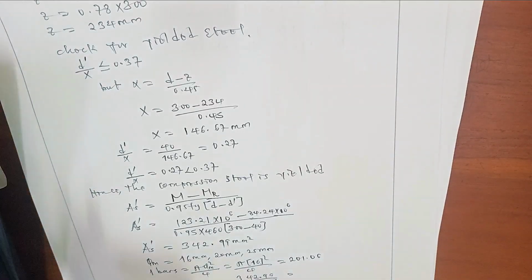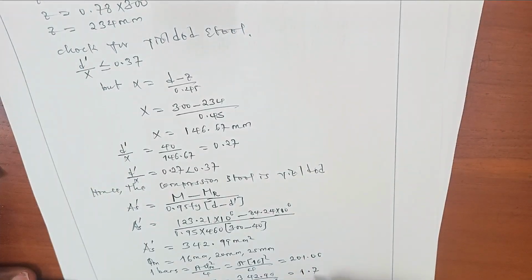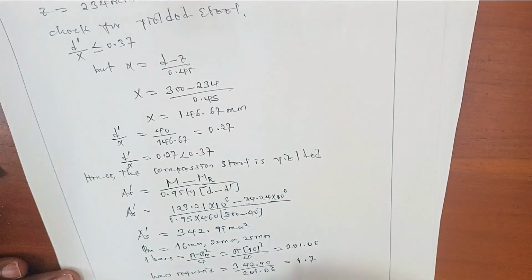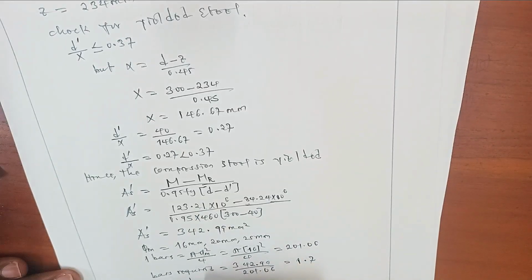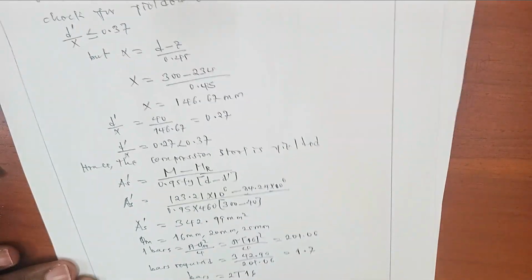It will be equal to 1.7. So for economy, normally we round to the whole number. So bars required will be equal to 2 with a diameter of 16.